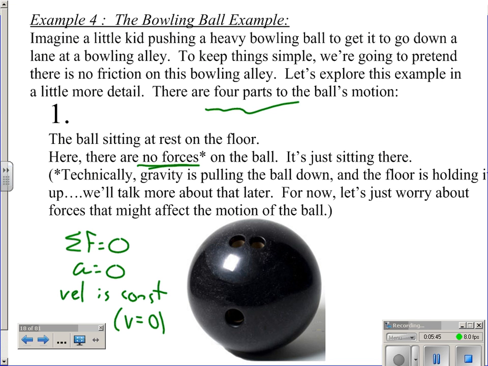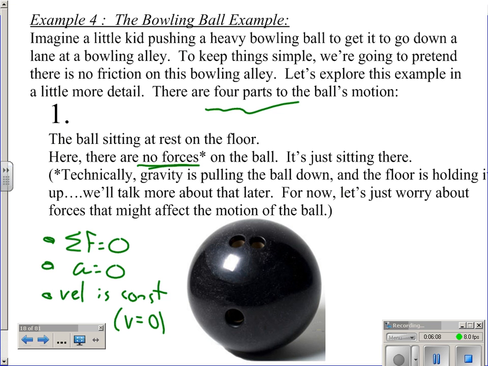Just as a quick side note, technically there are some forces on the ball. There's some up and down forces. Gravity's pulling the ball down, the floor's holding it up. Those don't affect the motion of the ball, so we're not going to worry about those for right now. We're going to focus on horizontal forces today. All right, so that's the first part. An object at rest stays at rest. The velocity is 0. There's no forces on it, so it doesn't accelerate.